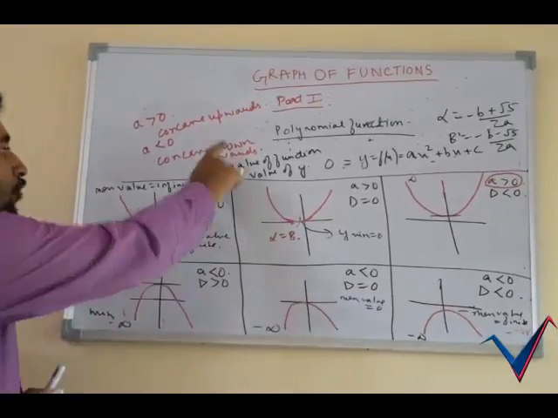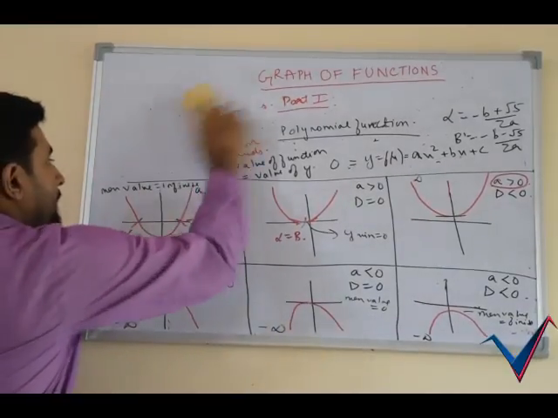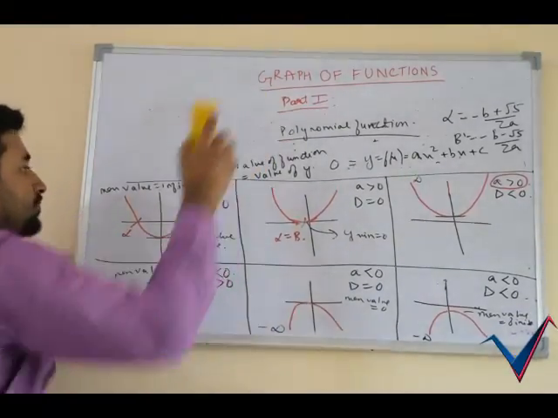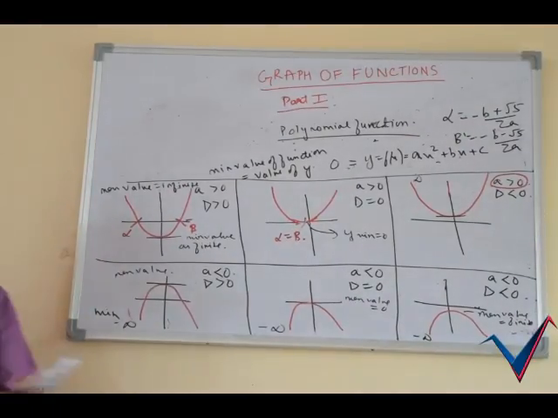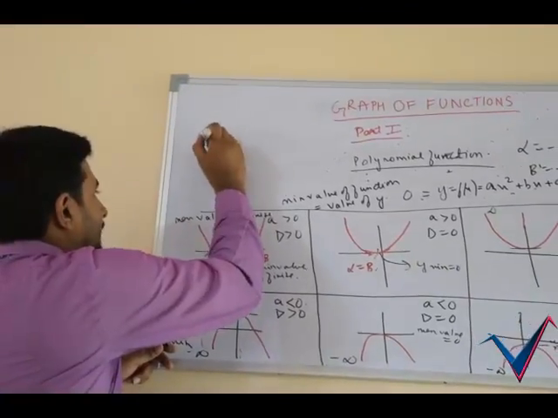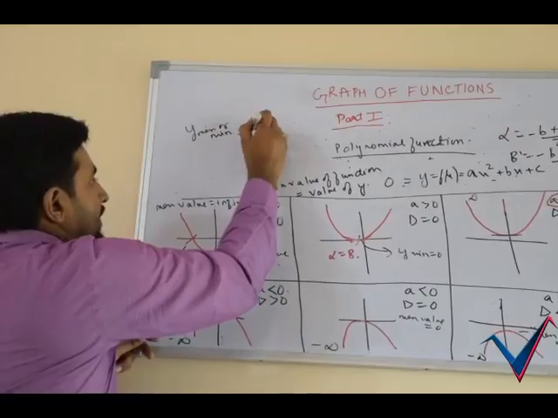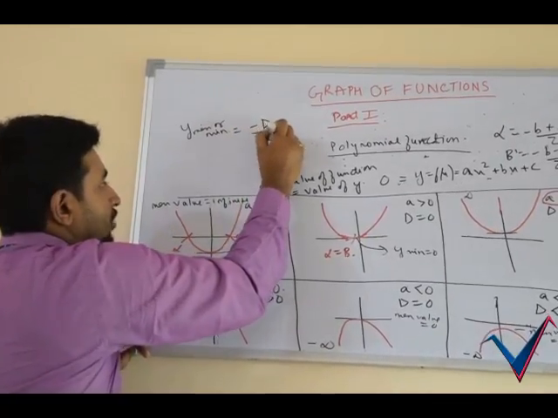So I am writing the formula here. The maximum or minimum value will be minus D by 4a. What is D?